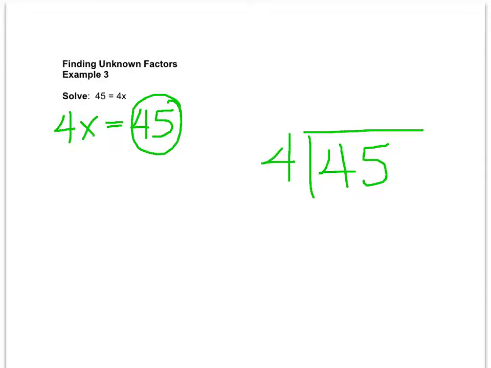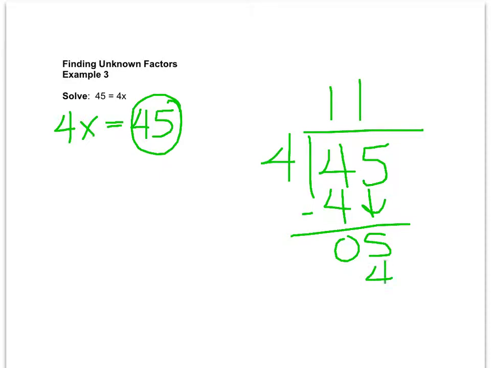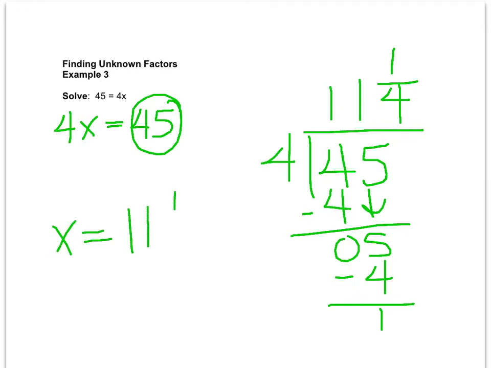So then again, it becomes a very simple division problem. 4 goes into 4 once. We subtract, bring down. 4 goes into 5 once. We subtract and we find we have a remainder. Since there are no decimals in this problem, we'll go ahead and write it as a mixed number. And coming back to our original problem, we can now say that x equals 11 1/4.